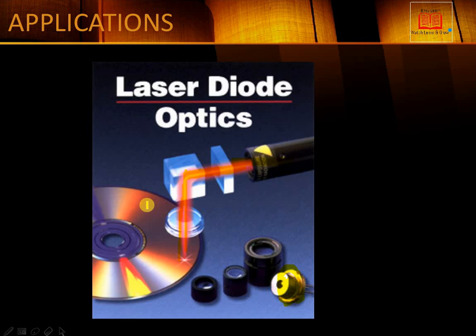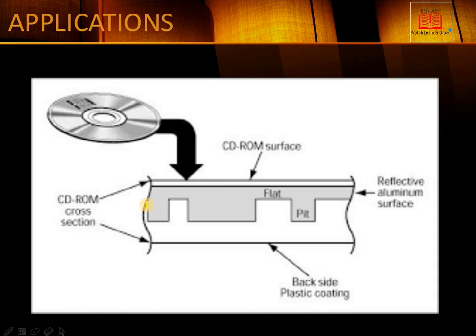And how does this read? Basically, this is the conceptual diagram. On the surface of the CD, for example, this is the cross-sectional area of a CD. Remember, it's very, very small and we cannot see it with the naked eye. This is the surface of the CD-ROM, and let's say this is a 0 and this is the 1 of binary.